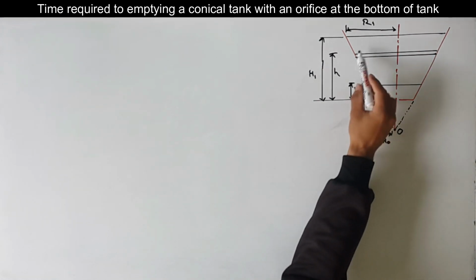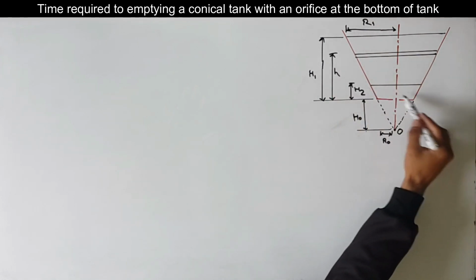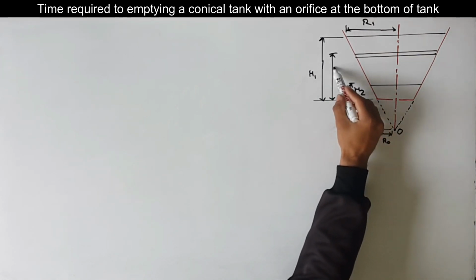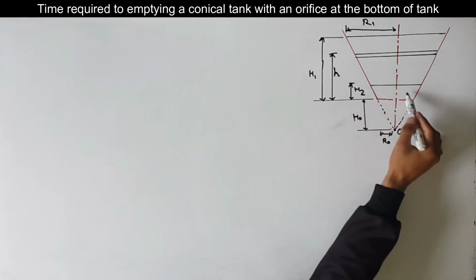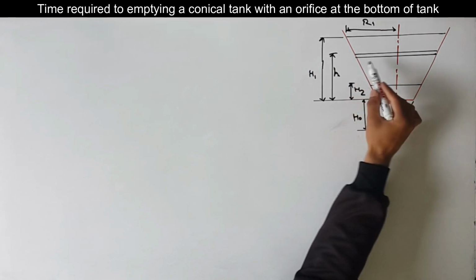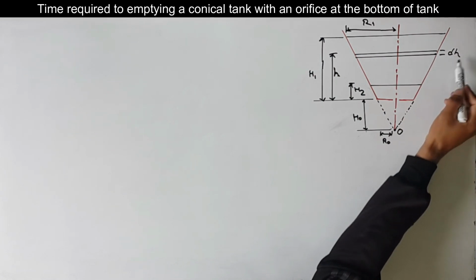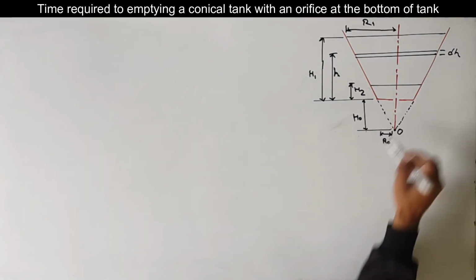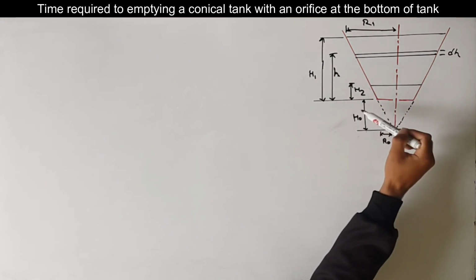And during falling of liquid from S1 to S2, let at any instant the liquid reach a height S from the orifice. And this height reduces by a small height dh in a small interval of time dt. First of all, we'll write all the assumptions and variables.